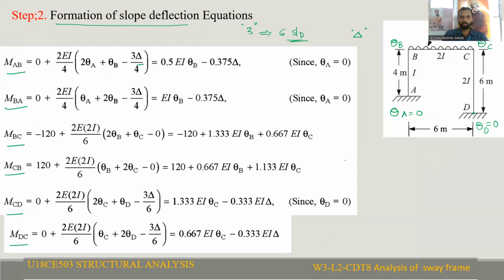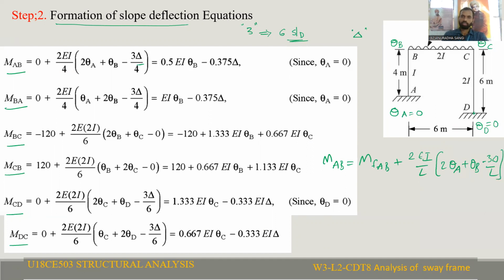We know very well about the slope deflection equation. I am just writing it for MAB. MAB is equal to MFAB plus 2EI by L into 2 theta A plus theta B minus 3 delta by L.